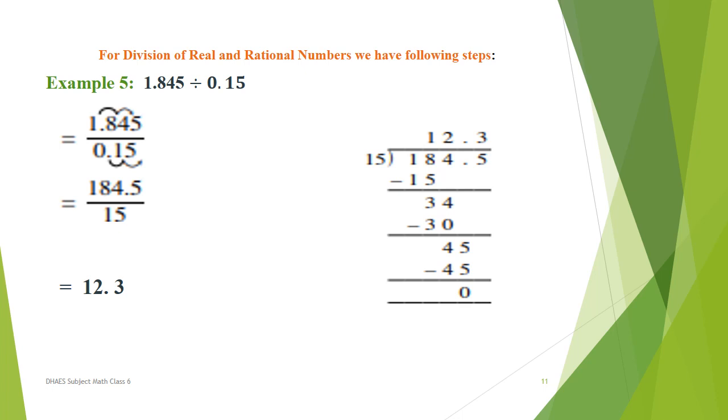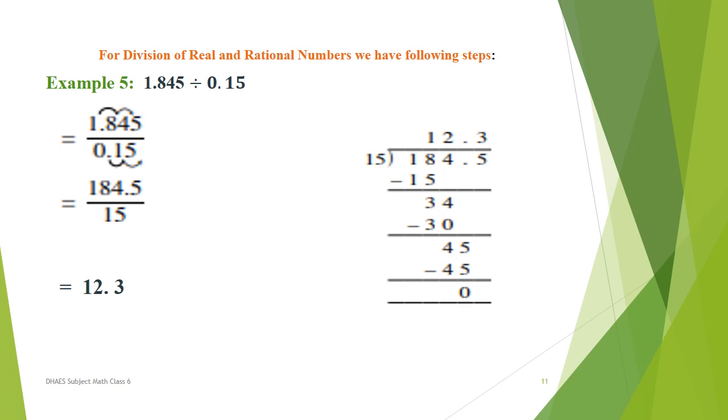In the denominator value, you have a point after two values if you start to count from right to left.